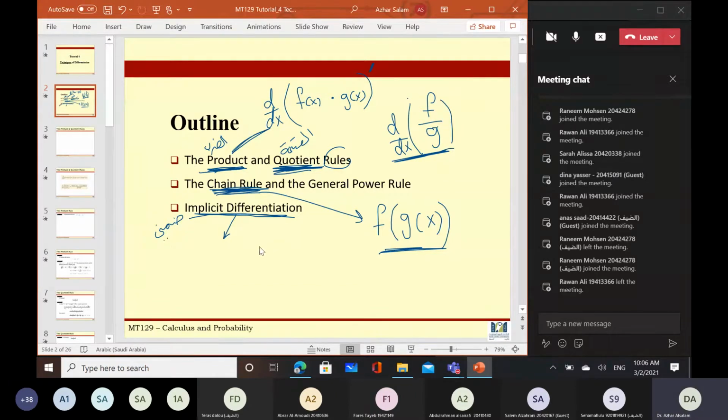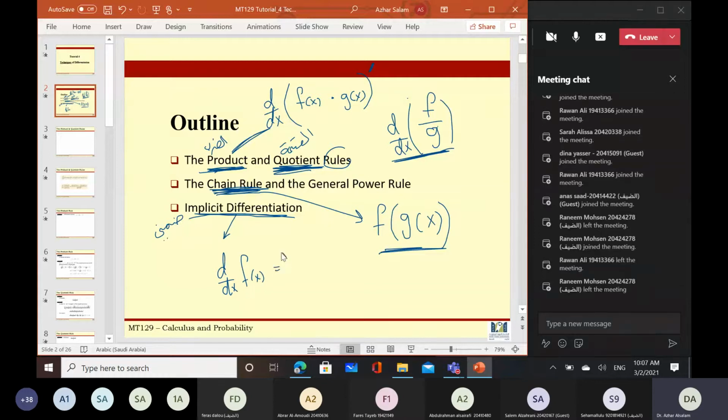If I have 2 variables, of course when I have d by dx for a function f of x, that means that I'm finding y dash. Of course, a function f of x is denoted by y. If I found f dash of x, meaning that I found y dash, okay?